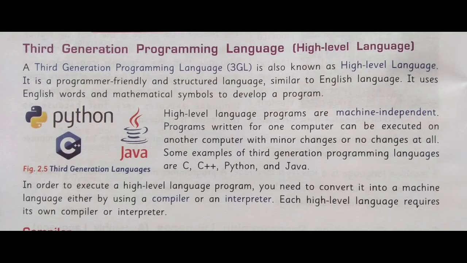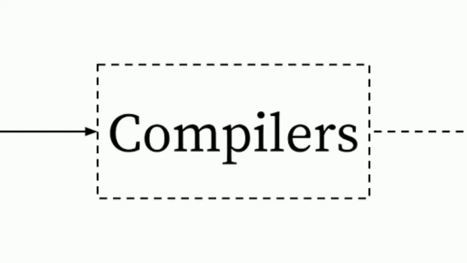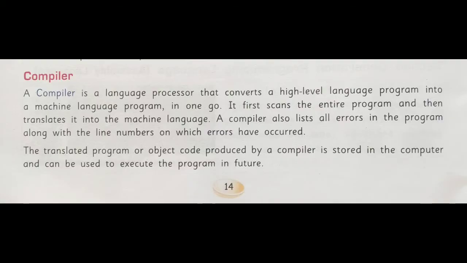In order to execute a high-level language program, you need to convert it into a machine language either by using a compiler or an interpreter. Each high-level language requires its own compiler or interpreter. What is a compiler? A compiler is a language processor that converts a high-level language program into a machine language program.